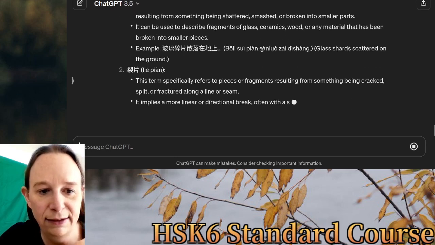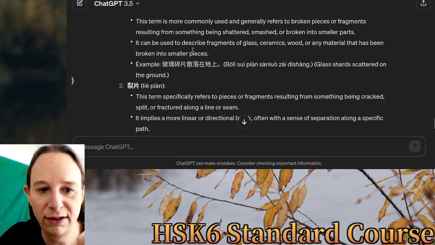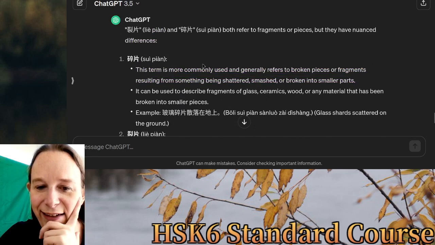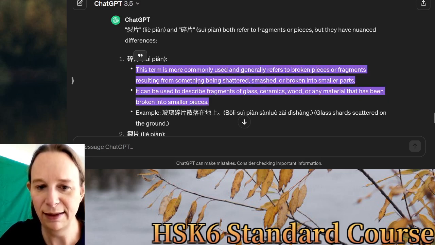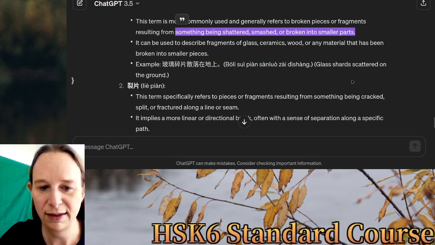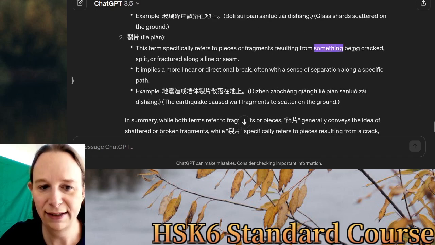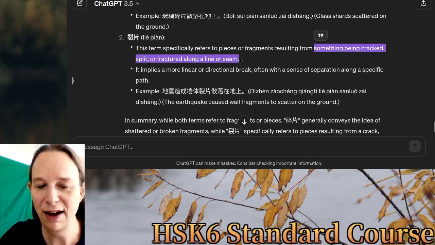Fragments of pieces. So this is like fragments from any process, right? Usually in this kind of materials. Unspecified process. Something being shattered, smashed, broken, or small. Whereas this one is cracked, split, fractured along a line.